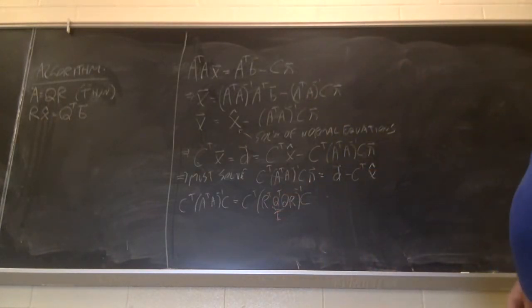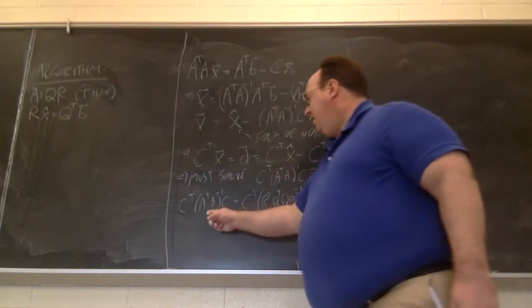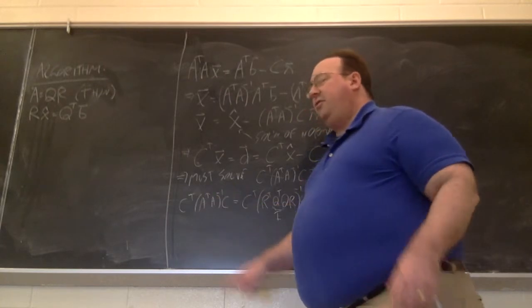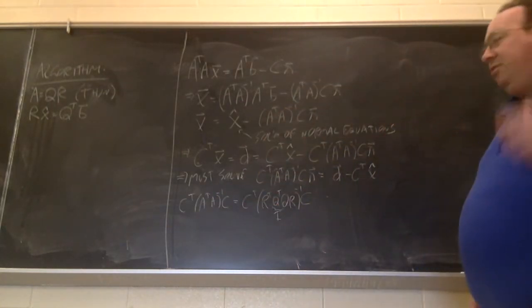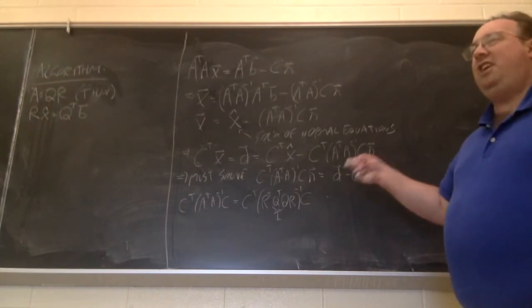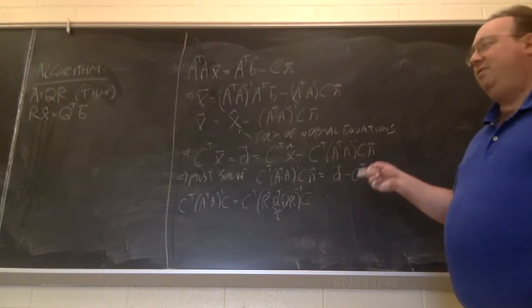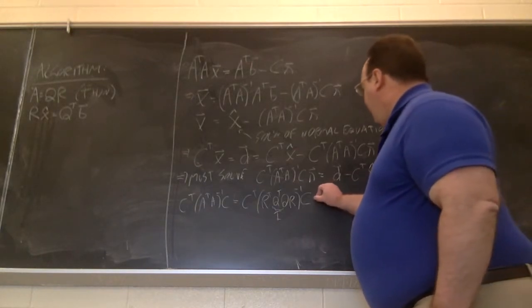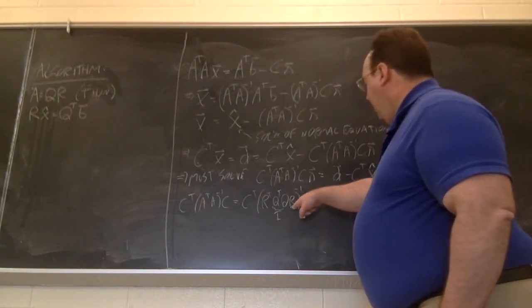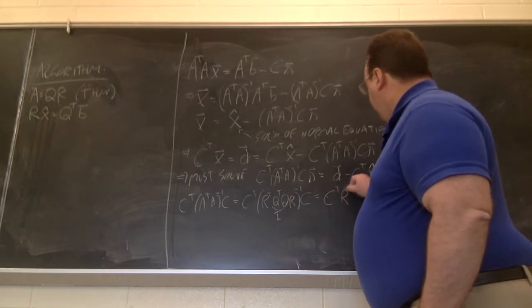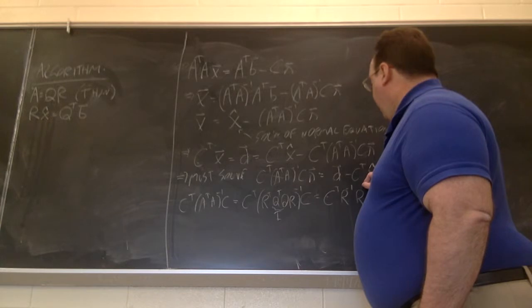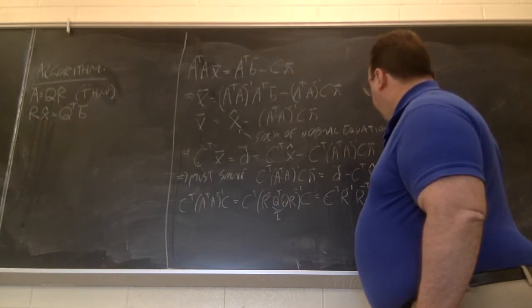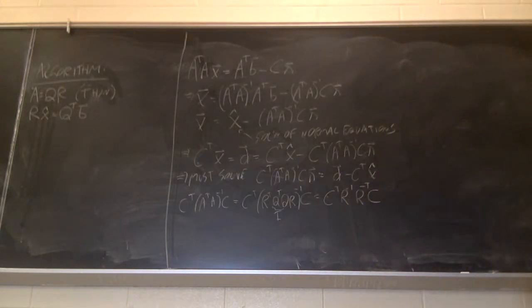Now while A itself does not have an inverse, I cannot use the property that the inverse of a product is a product of the inverses in reverse order. I cannot do that with A, because A or A transpose individually do not have inverses. But R does. R is a square invertible matrix. So now I can say C transpose R inverse, and then R inverse transpose times C.